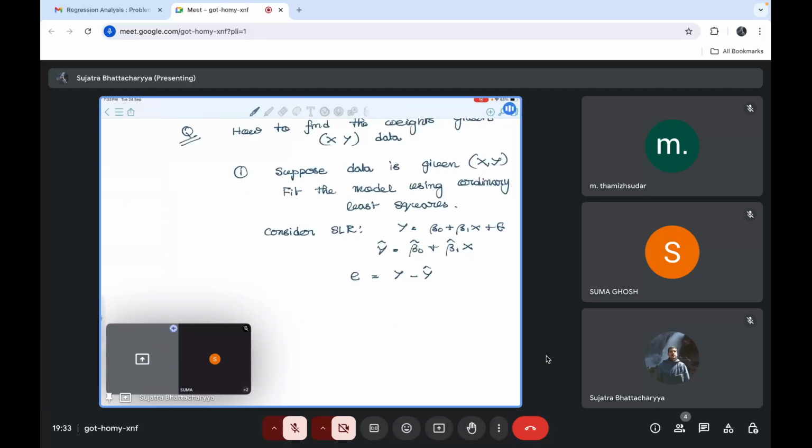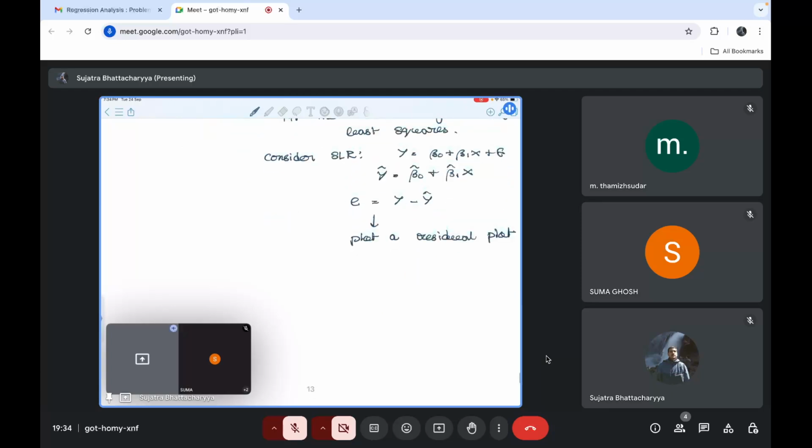The immediate next thing is that you plot a residual plot, because the residual plot will give you an idea whether the variance of epsilon is really equal to the constant sigma square or it is not constant. If it is not constant, then you have to go for calculation of weights. If it is constant sigma square, go ahead with the ordinary least square fit.